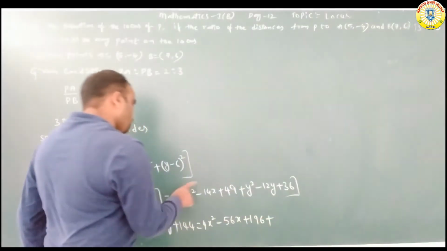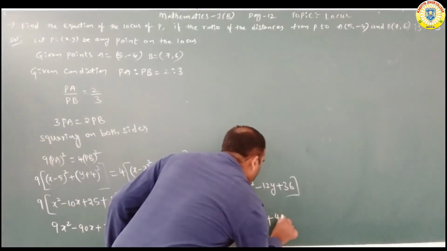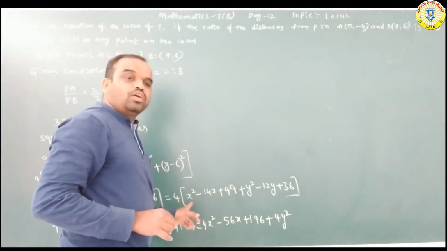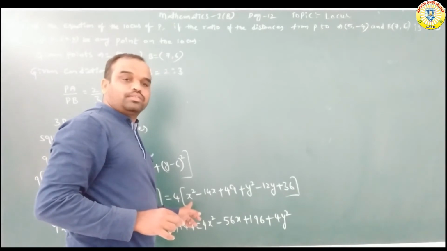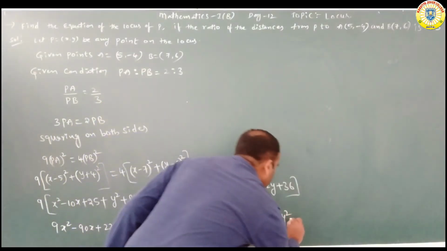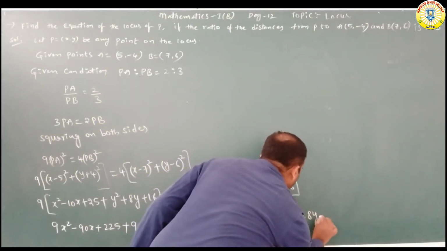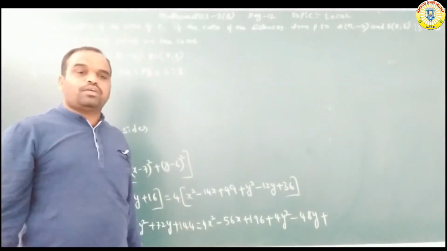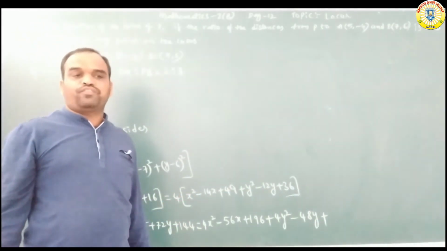Plus 4 into y square, 4y square. 4 into 12y, minus 48y. Plus 36 into 4, 144.